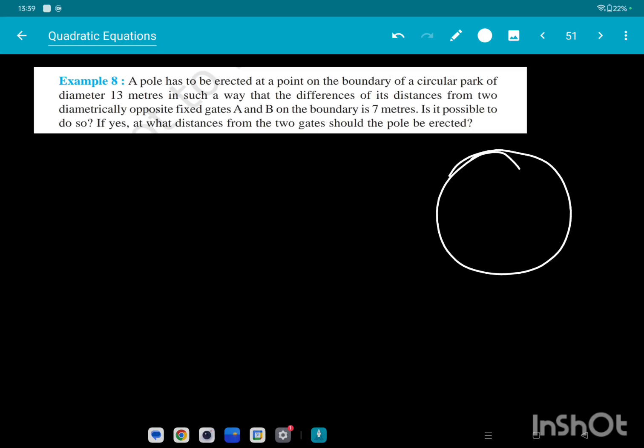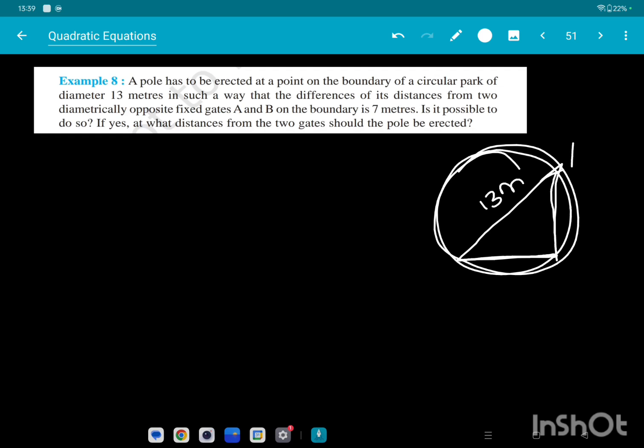There is a circular path here and the diameter is 13 meters, and it has two opposite gates. Let's say for example this is gate A and this is gate B, and the pole is erected at a point on the boundary of the circular path.